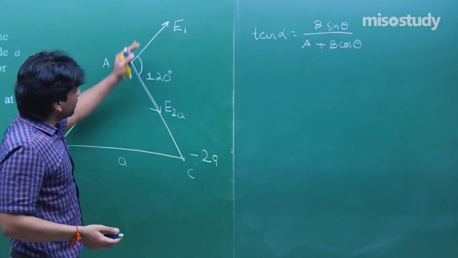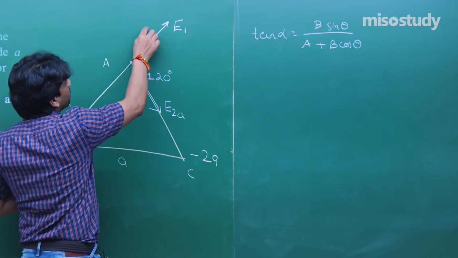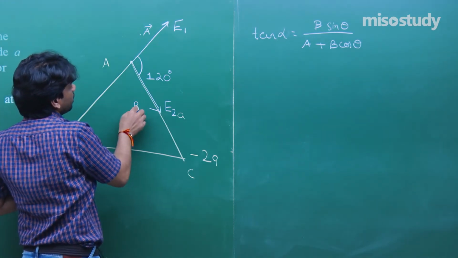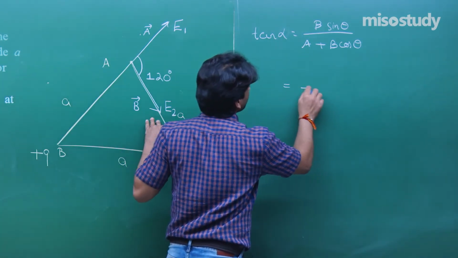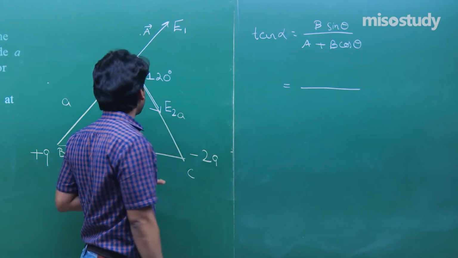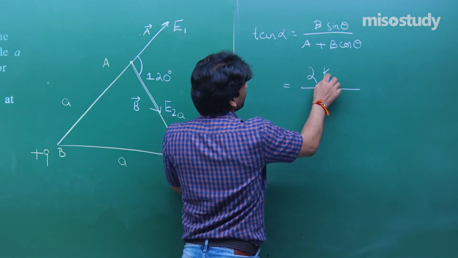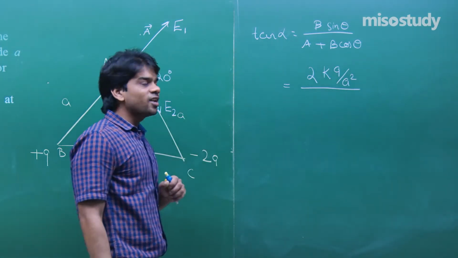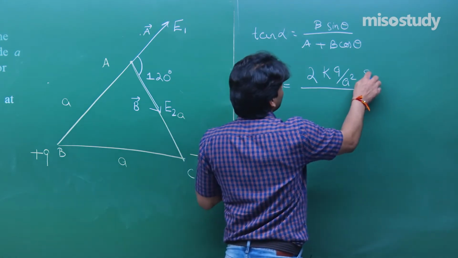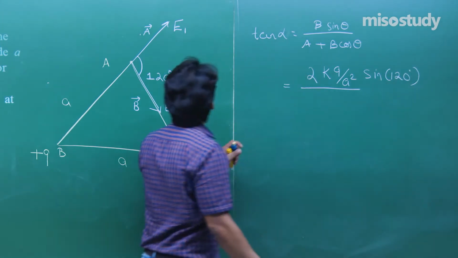So two vectors E1 and E2 are there. Let's say this is vector A, and this is vector B. So b sin theta, the E2 value is given as, I have just written, 2 kq by a square, and sin 120, upon a plus b cos theta.